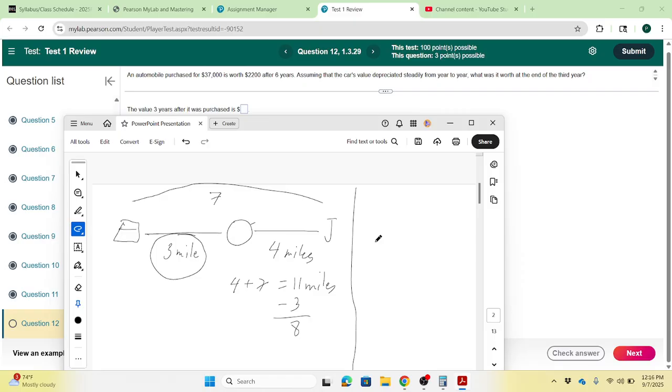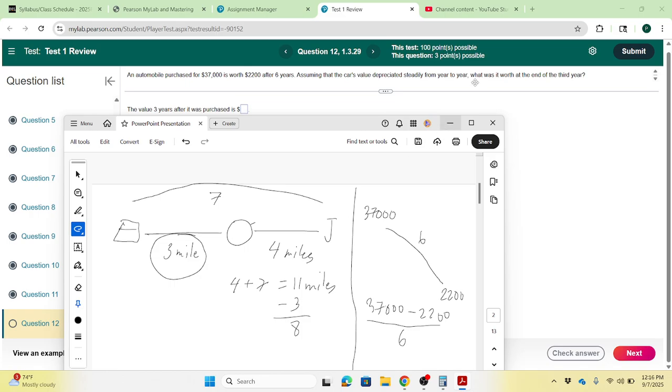So initially the price was 37,000 and it went down to 2,200 after 6 years, so the average depreciation can be found: 37,000 minus 2,200, that's the difference, divided by 6. That's the average depreciation.